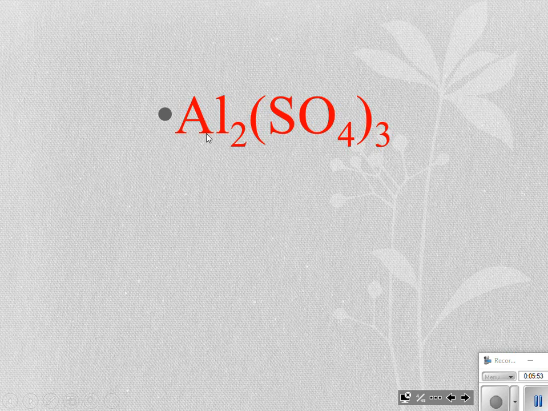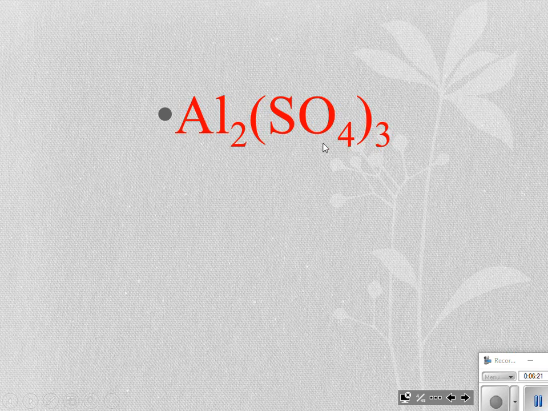We always write a subscript following the atom. So I have two atoms of aluminum. If I just look at the sulfate ion, the sulfate ion consists of one sulfur and four oxygens.